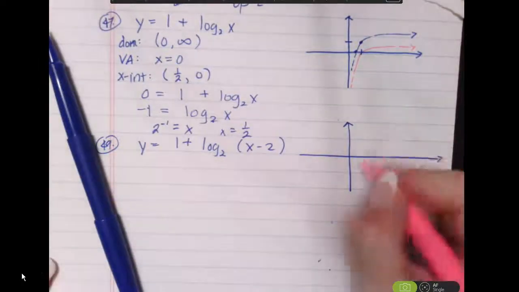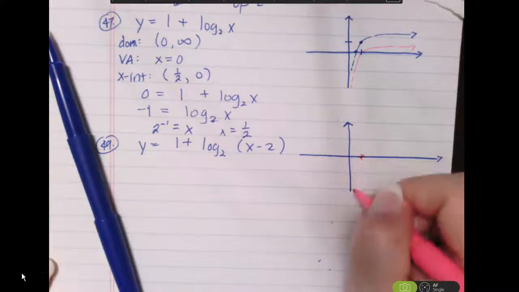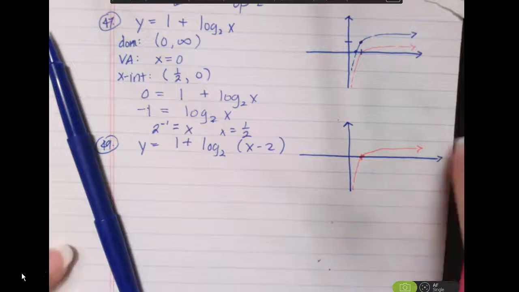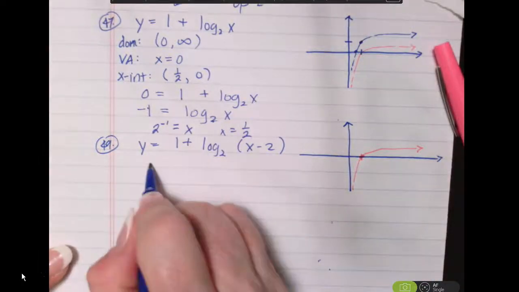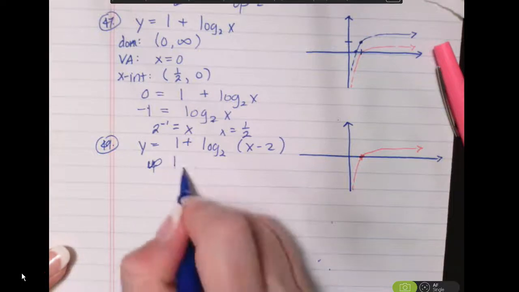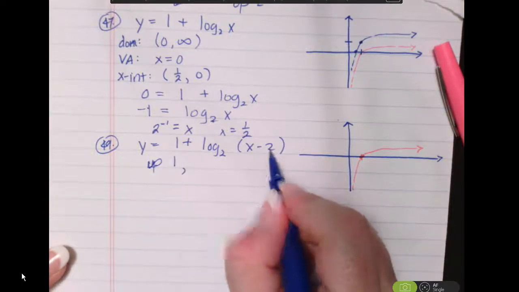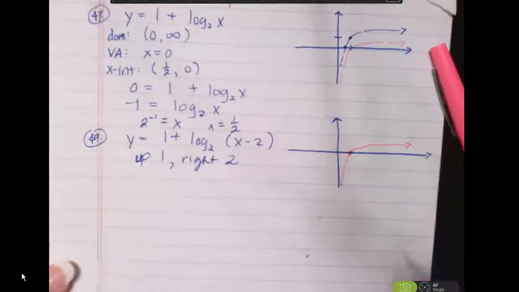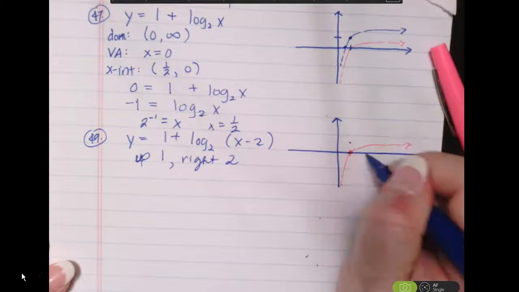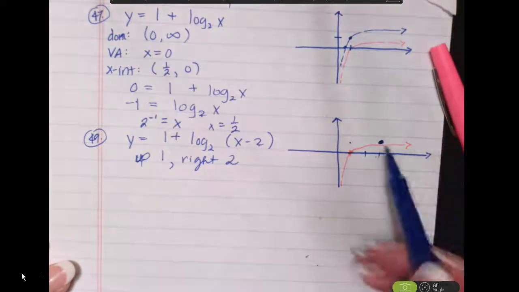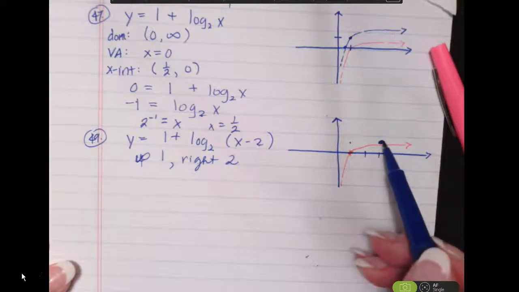So my parent function is here, and I'm just making a note. I'm going up 1, and x minus 2 tells me I'm going right 2. I'm going to go up 1 and then over 2. So that's going to be the critical point of my new graph.